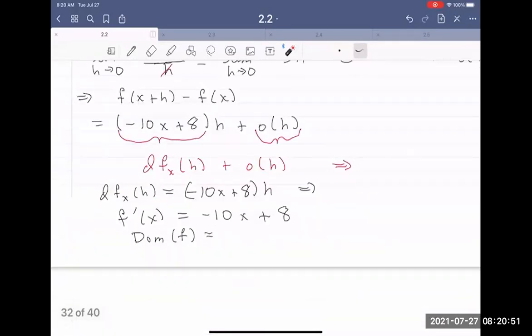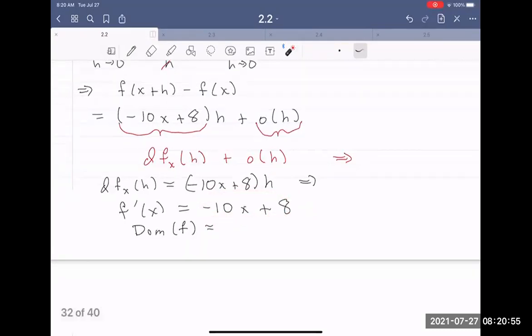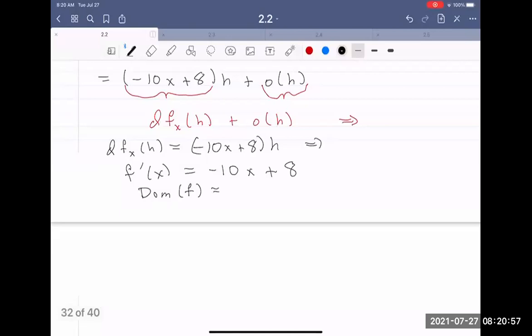Well, that's a line. So the domain of a line is all real numbers. So the domain of my original function is all real numbers, and the domain of my derivative function is also all real numbers.